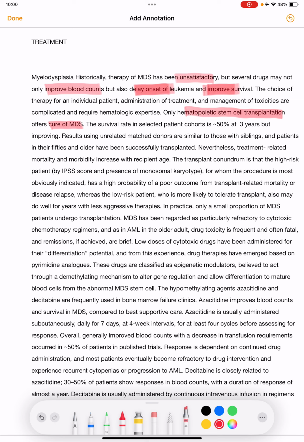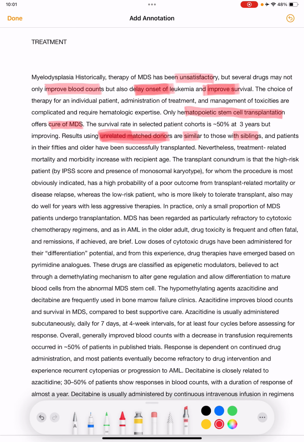The survival rate in selected patient cohorts is 50% at 3 years, but improving. Results using unrelated matched donors are similar to those using matched transplantation from siblings.